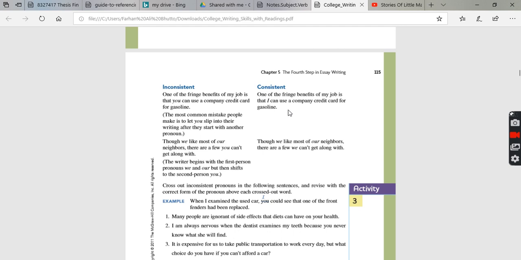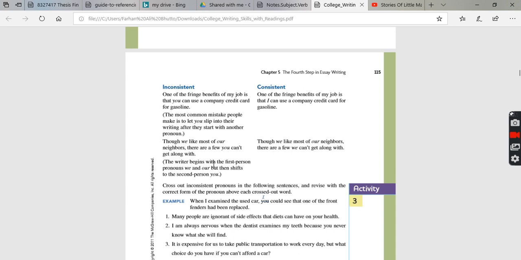The other sentence is, though we like most of our neighbors, there are a few you can't get along with. See, we and then you. So in the same sentence, you have shifted your pronoun from first person to second person.